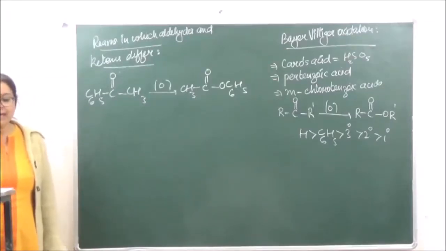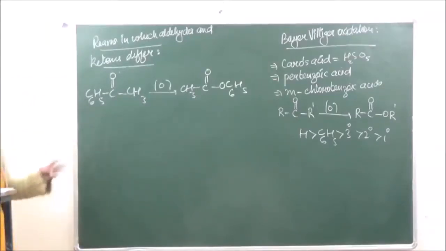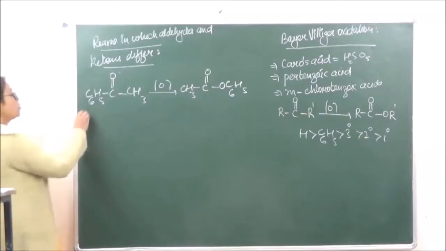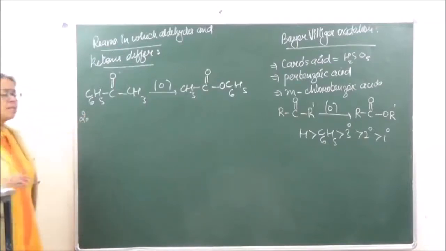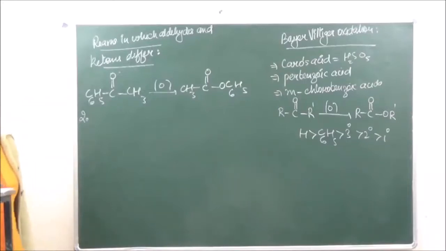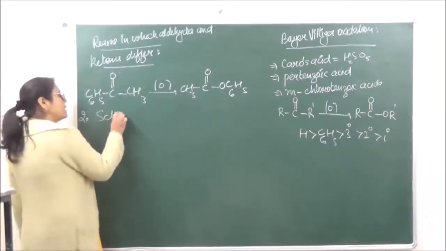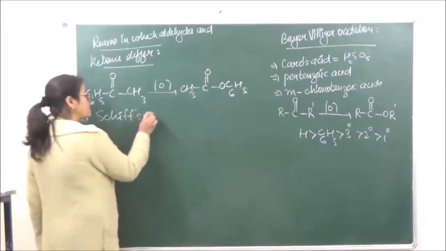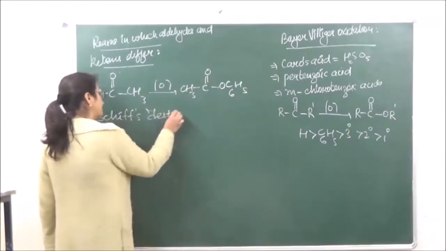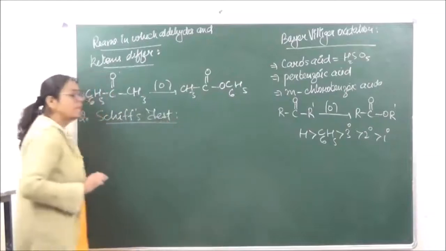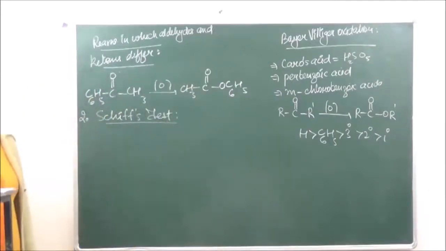Right? Then we have the second reaction over here. We've done oxidation. Let's go on to the second reaction in which aldehydes and ketones are going to be different. So the second test which we have is the Schiff's test. Right?